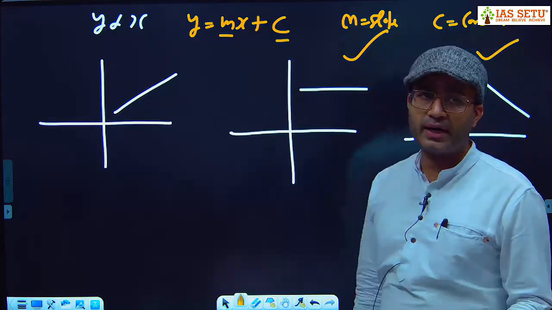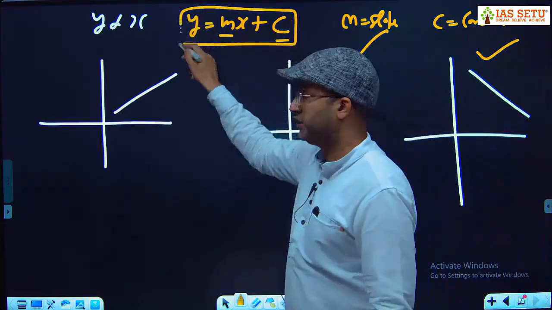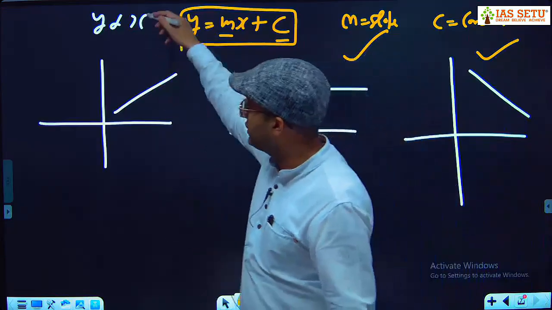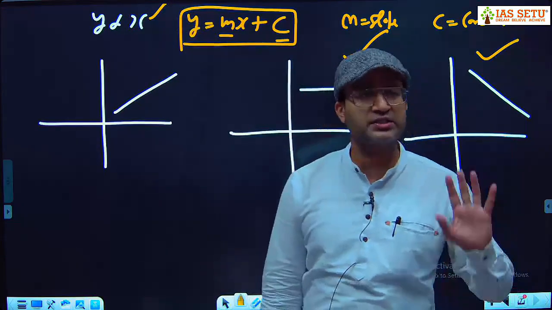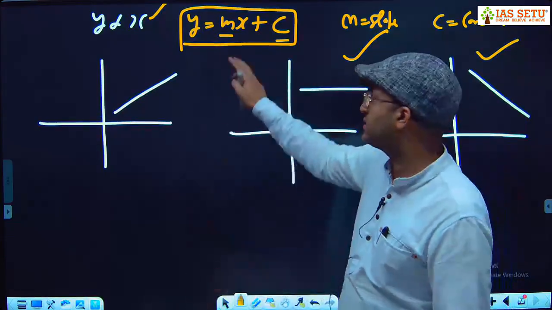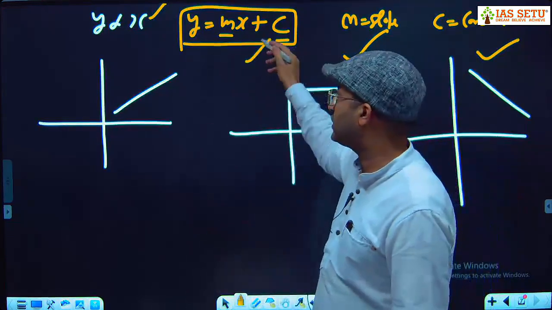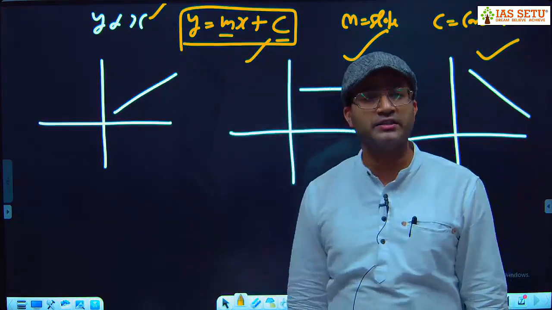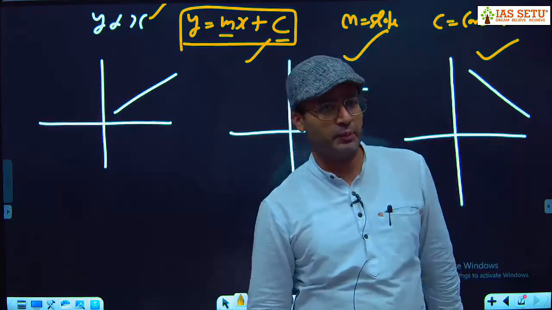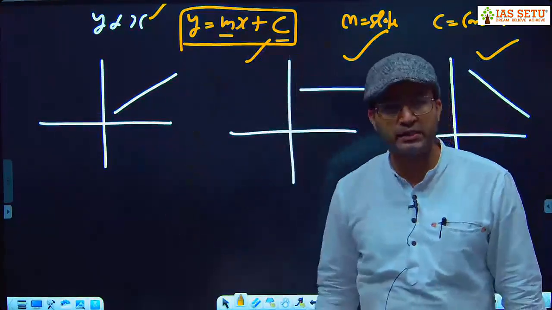Meaning, any graph which satisfies this equation will satisfy this. Both are the same. Y is directly proportional to x in mathematics is y is equal to mx plus c. Any graph which satisfies this, you can conclude conceptually y is directly proportional to x. Observation may say something else, but the concept will say y is directly proportional to x.